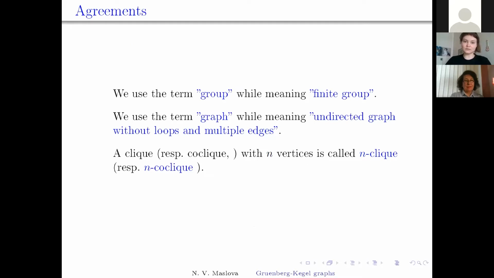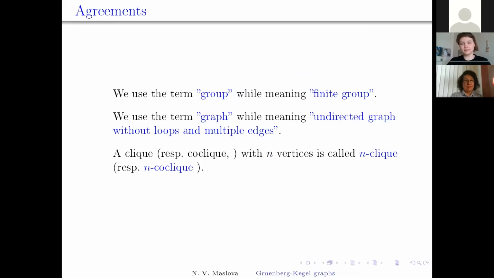First of all, let us give some agreements and definitions. During all my talk, any group is finite. And any graph is an undirected graph without loops and multiple edges. A clique with n vertices is a graph with n vertices where there is an edge between any pair of vertices.